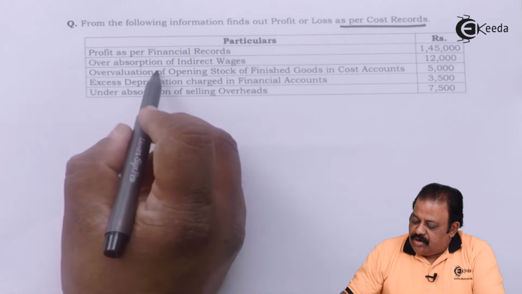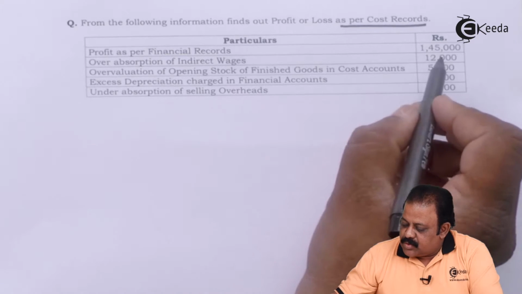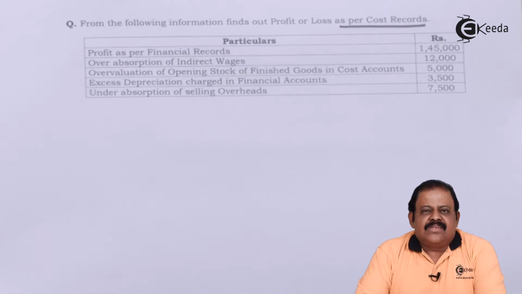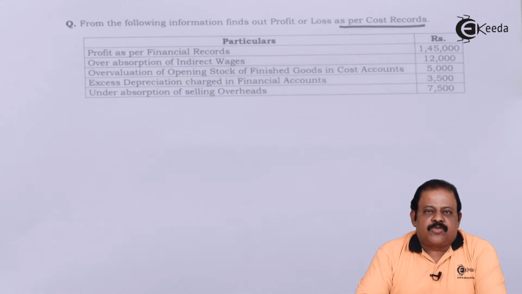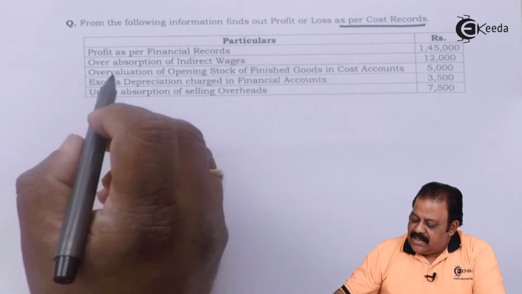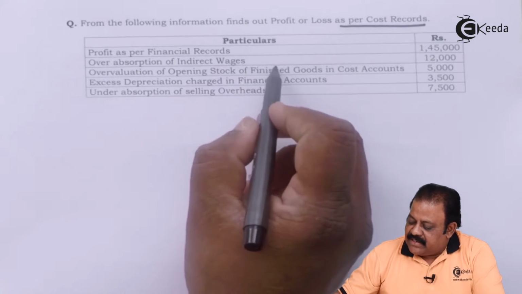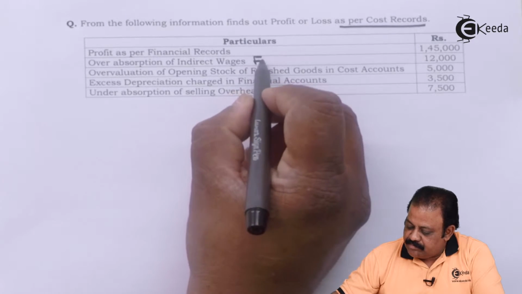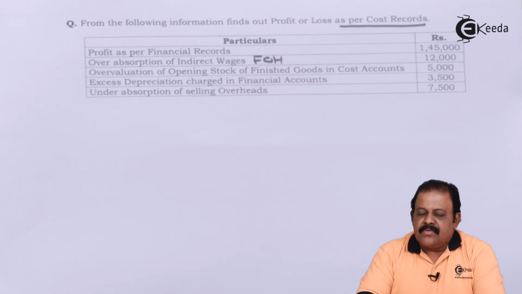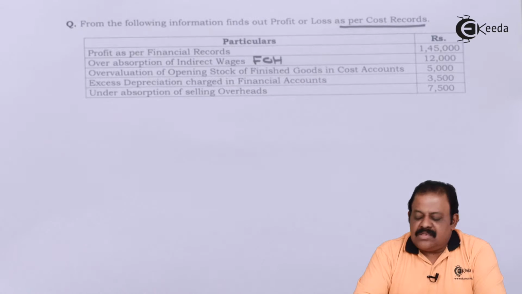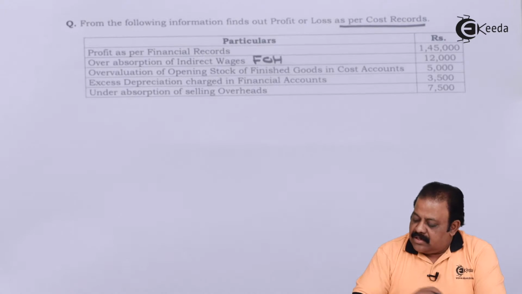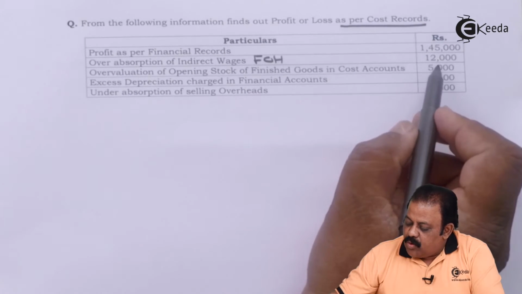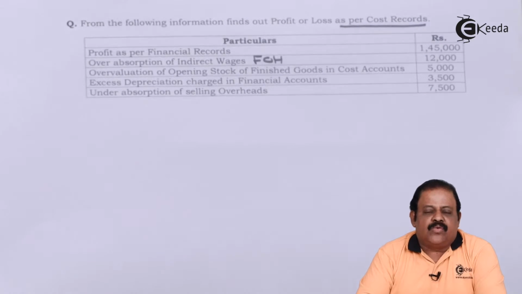Over absorption of indirect wages, 12,000. Now this absorption term is related to cost book. They say that over absorption of indirect wages means here factory overheads. According to this information, in cost book we have taken indirect wages more by rupees 12,000.